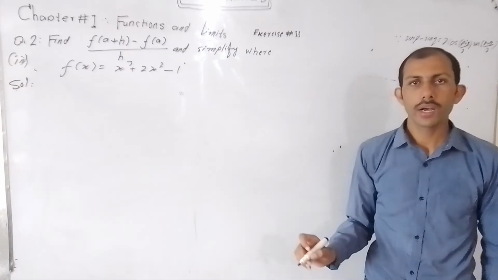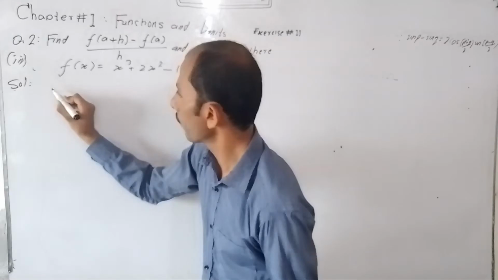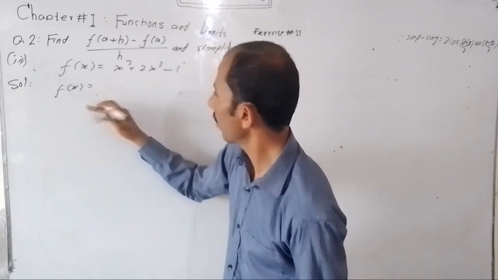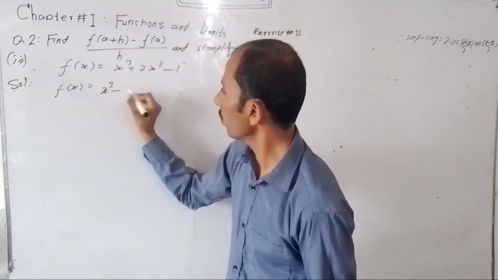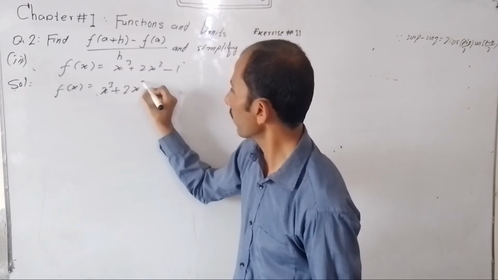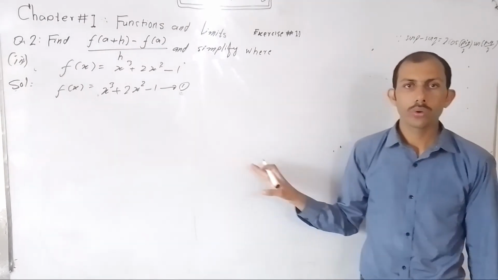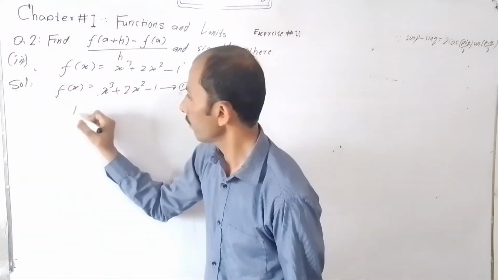First, as it is, f of x is equal to x cube plus 2x square minus 1, equation number 1. Put x is equal to a in 1.